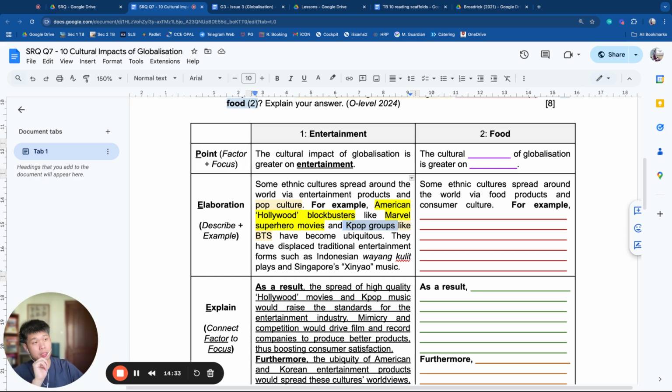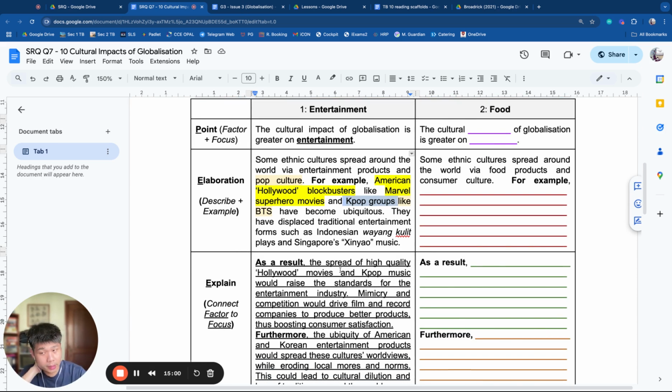So in terms of companies, they are all striving to do better. And that is one change to entertainment. And if everyone is trying to do better, at the same time, globalization spreads all these good products around. So consumers get to enjoy even nicer music, even nicer movies. They get even more entertained. And that is the impact on consumers. And I think that this is one good angle by which you could approach this essay.